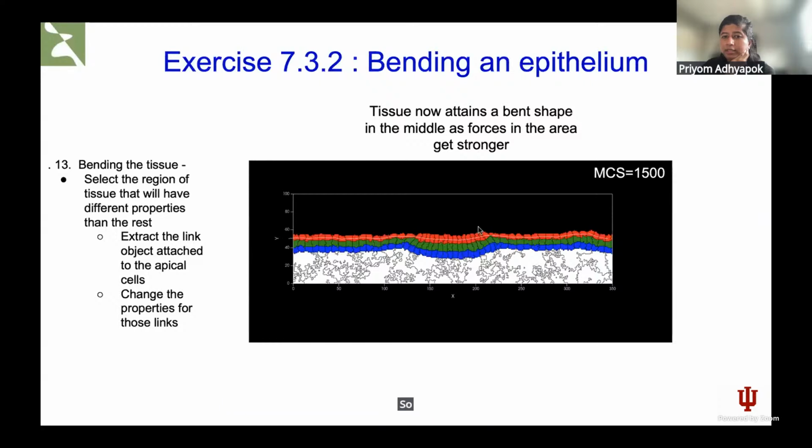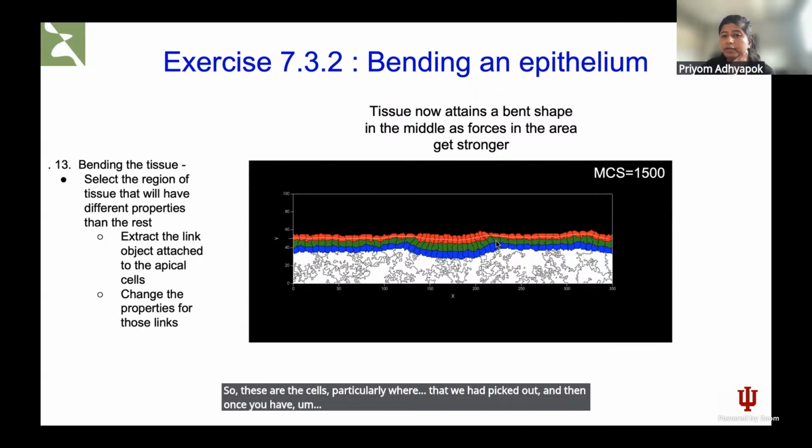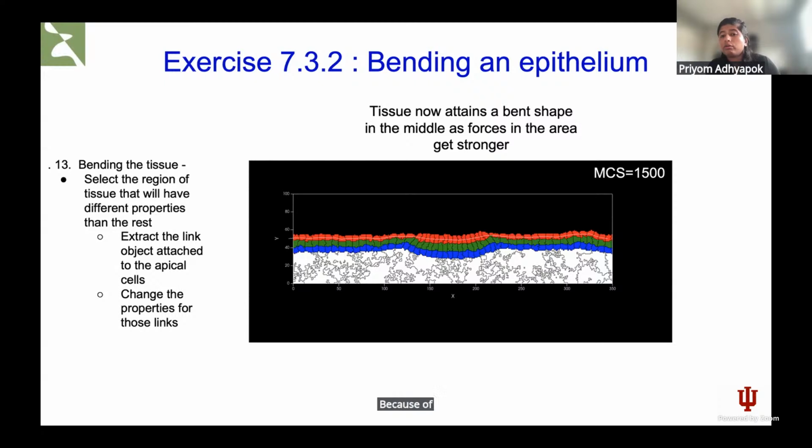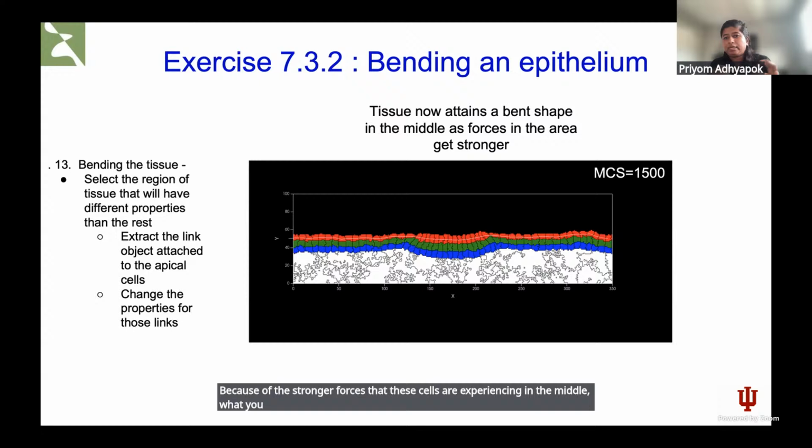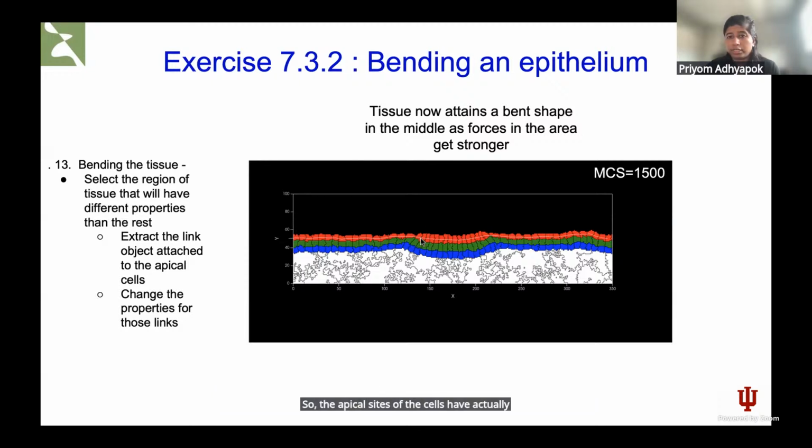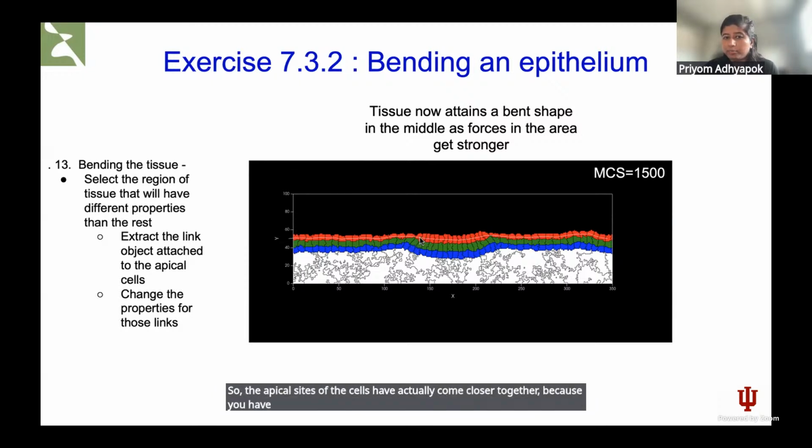So these are the cells particularly that we had picked out. And once you have changed the lambda distance and the target distance, because of the stronger forces that these cells are experiencing in the middle, what you'll be able to see is that the apical sides of the cells have actually come closer together because you have properties set up that maintain the target size of each of these cells.